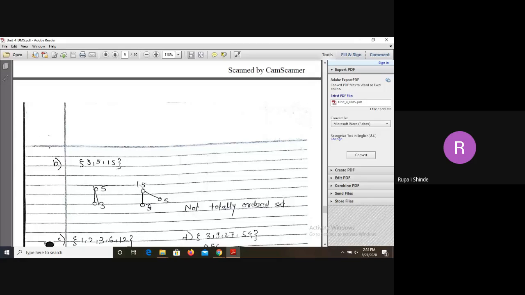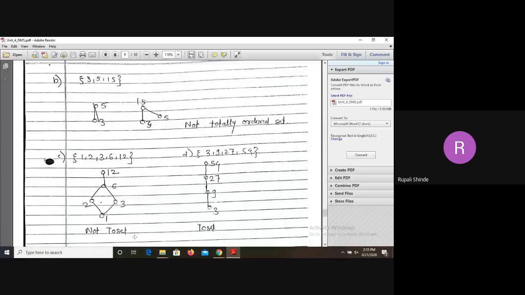Now consider the next set C, which consists of the elements 1, 2, 3, 6 and 12. Draw the Hasse diagram for this set and tell me whether this one is a toset. Not a toset, yes, because in the Hasse diagram the first element is 1, 1 divides 2, and 1 divides 3.